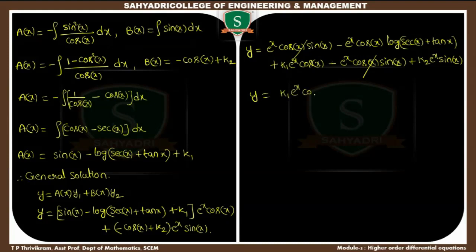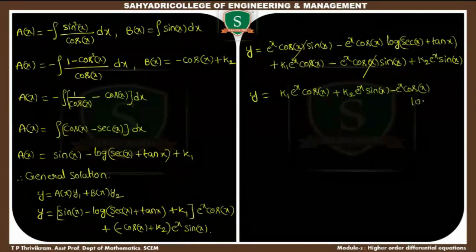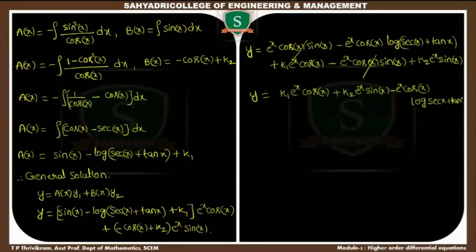K1 e power x cos x plus k2 e power x sin x, plus here, minus e power x into cos x log of secant x plus tan x. So this will be our final solution.